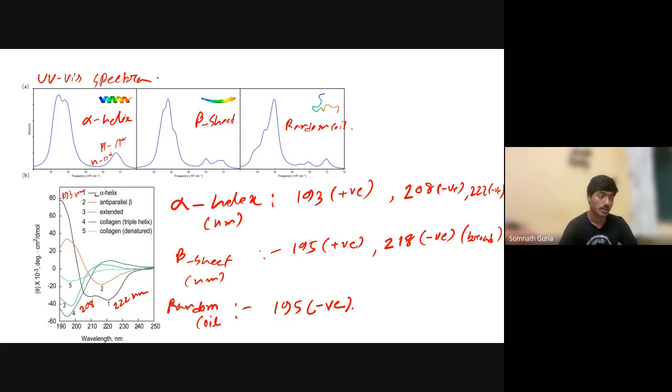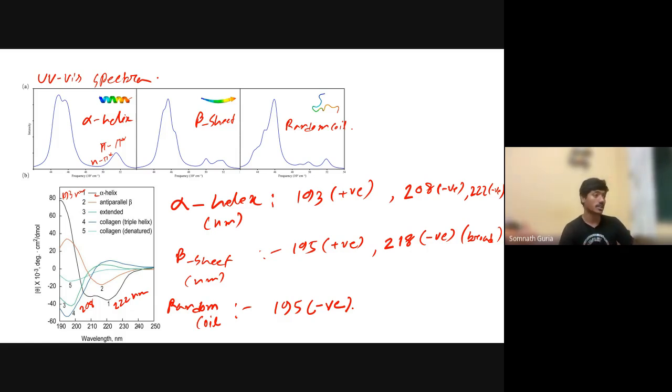This is the characteristic of the three different kinds of secondary structure. Now, can you calculate how much is present? Yes, we can. We have to deconvolute the data and find out the actual amount of alpha helix, beta sheet, or random coil present in that particular enzyme or protein structure.